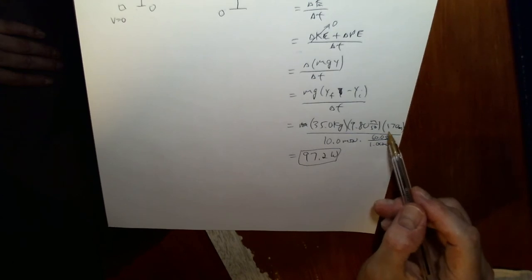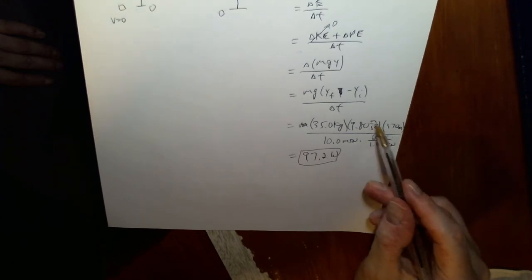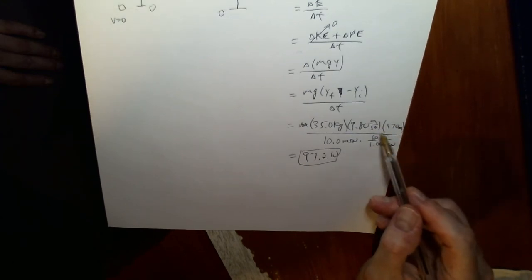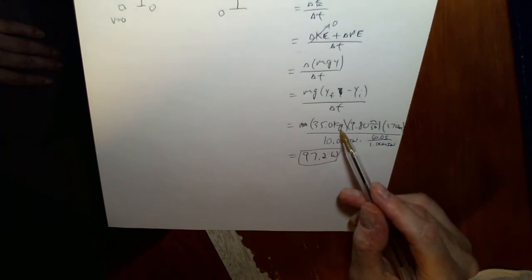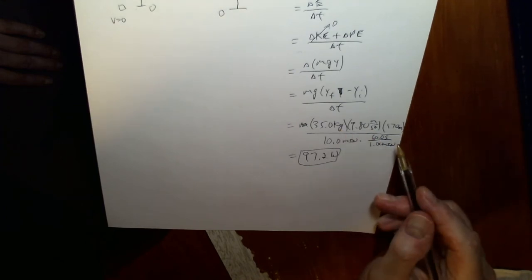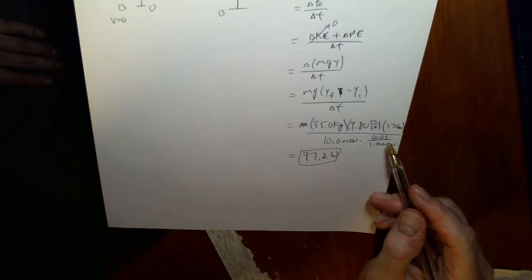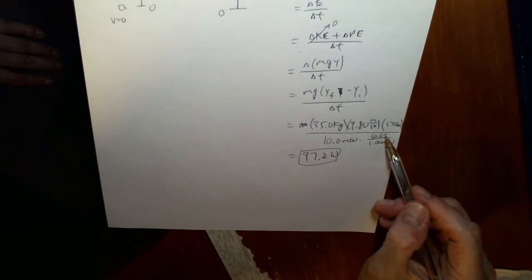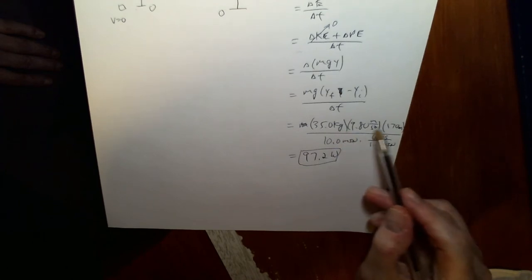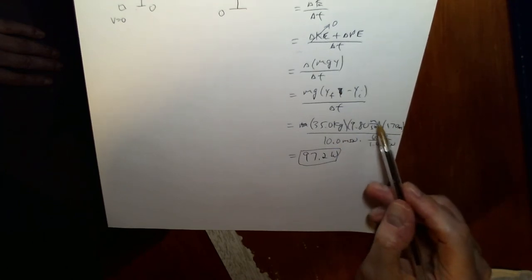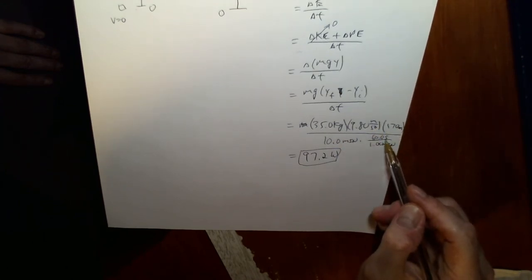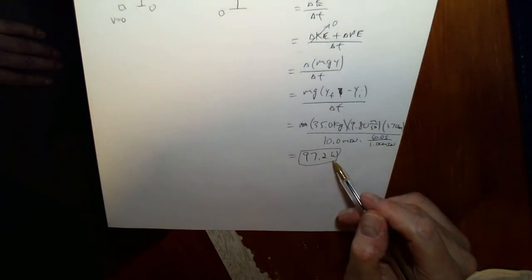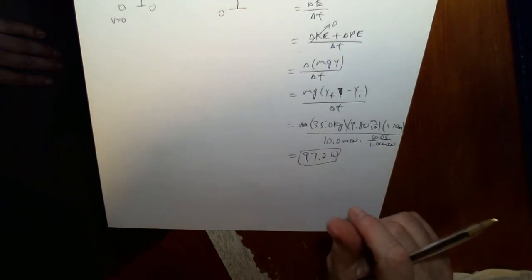You've got meters squared times kilograms divided by seconds squared divided by seconds. So it's kilogram meter squared per second squared, which is joules, divided by seconds. Joules divided by seconds is a watt.